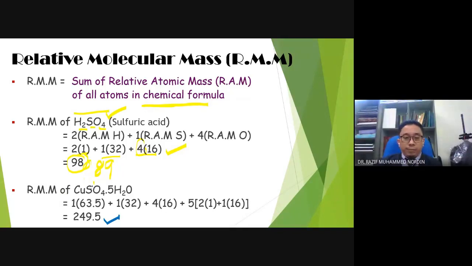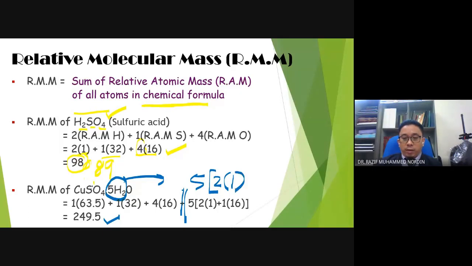Okay. Nah, kita tengok. 5 ni, dia buat macam ni ya, di sini ya. Saya show sini. 5 in bracket 2, 1 hydrogen, stand for hydrogen.